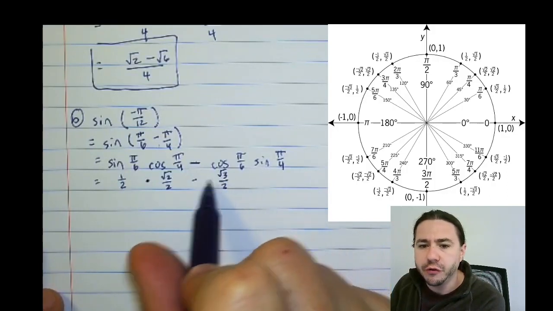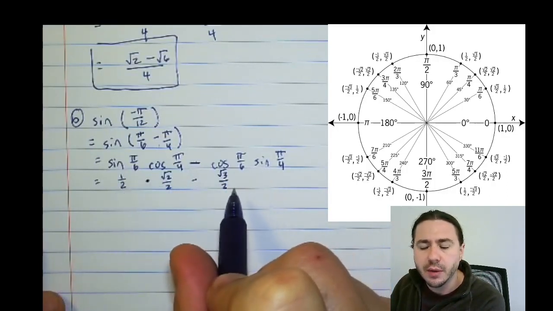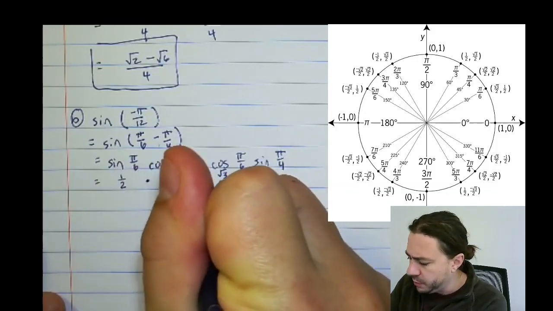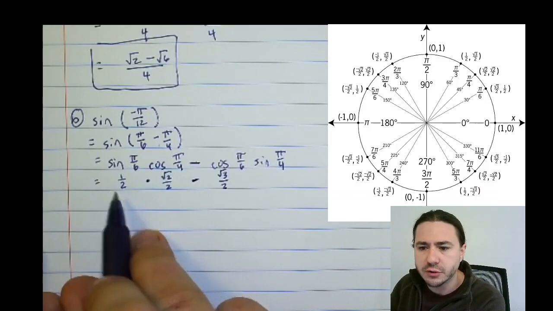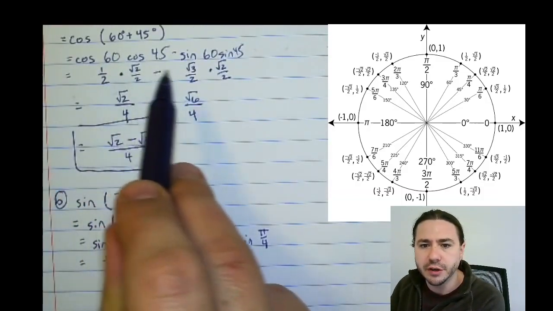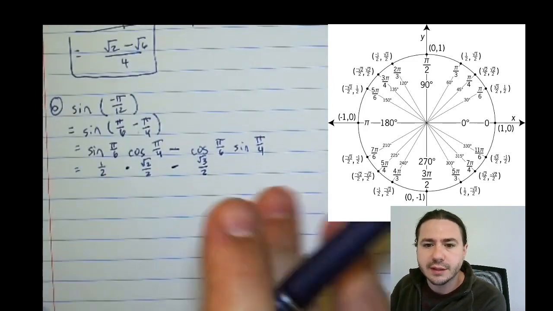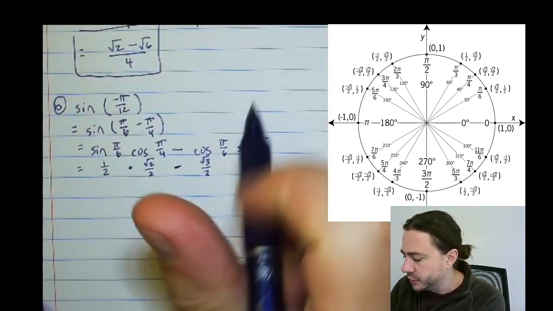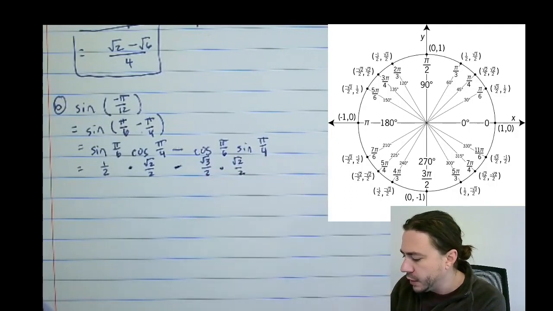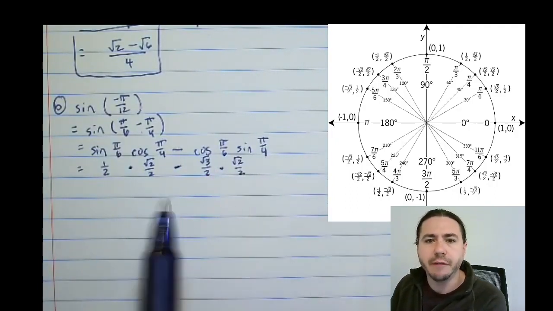If you're confused on where these numbers are coming from, they're coming from the unit circle, but hit me up in the meet or send me an email if you're totally lost on how I'm coming up with these values. That's something that we worked on in the first couple units. So sine of pi over 4 is root 2 over 2. And so now I can pull it all together and get my final answer.